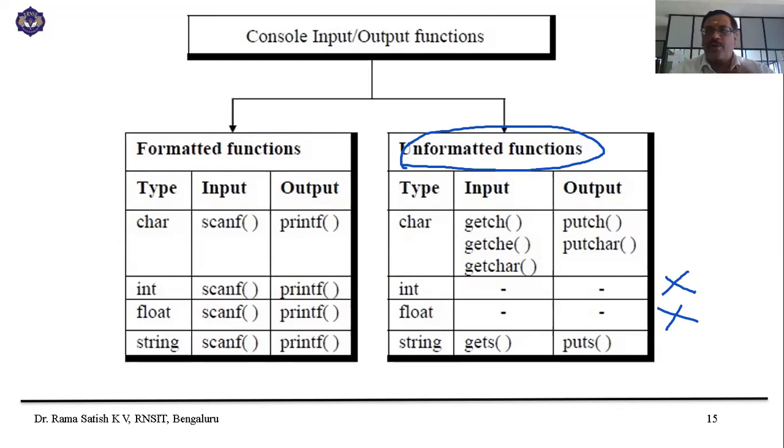Okay, suppose I want to read a name. Yes, gets. I want to display a name. puts. A name is a set of characters, it's a string. So if you want to do string-based operations, then you can use gets and puts.